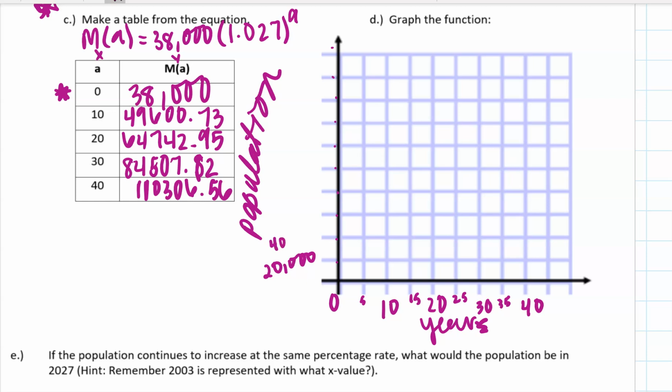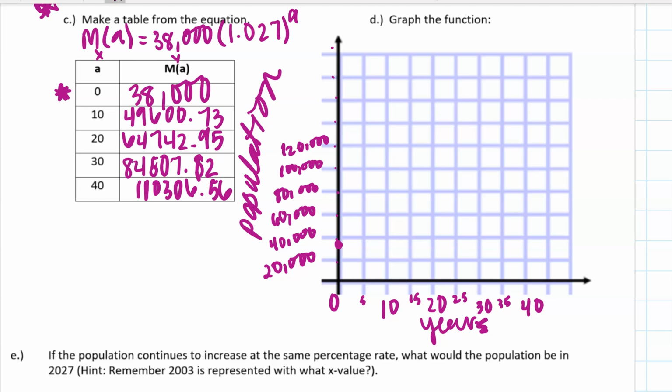So we're going to go up by 20,000, and I'm not going to skip lines here. So 60, 80, 100, and 120, and that should cover it. We just don't have room to skip. My first point is really close to 40,000. It's 0 and 38,000.